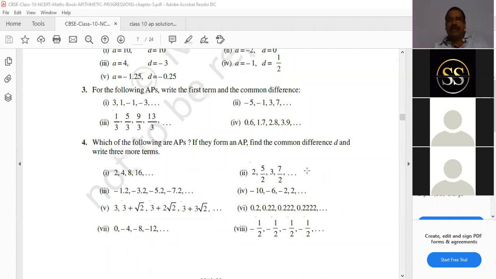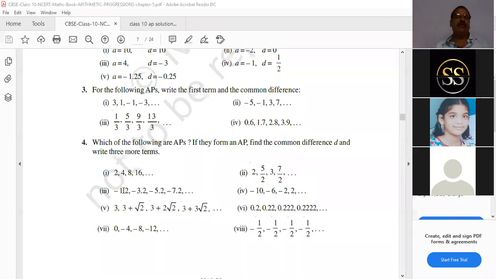After 3 by 2, the next term is 4, then 9 by 2, then 5. Very good. So the next 3 terms are 4, 9 by 2, 5. Enough.